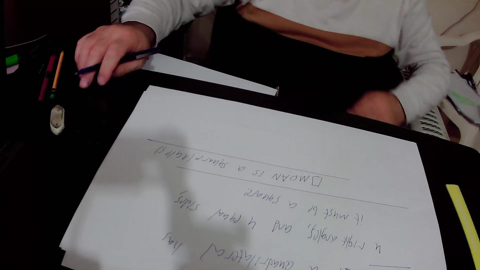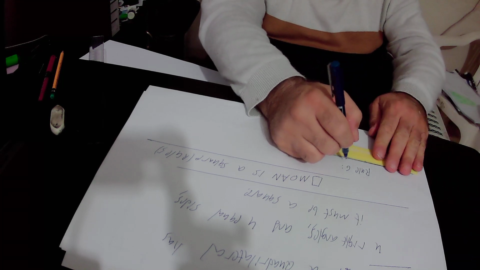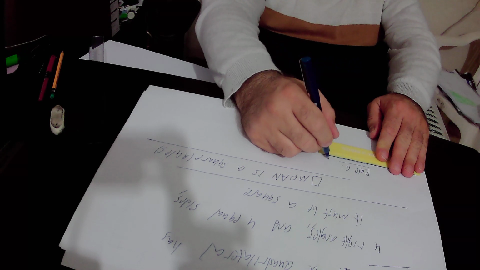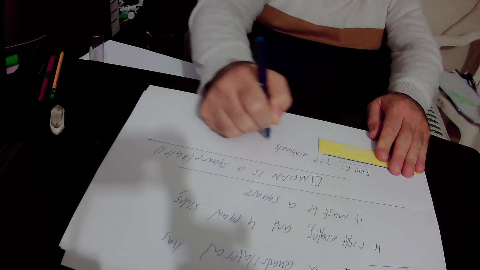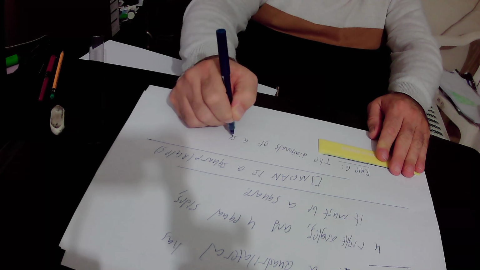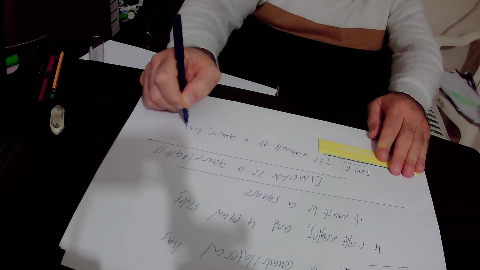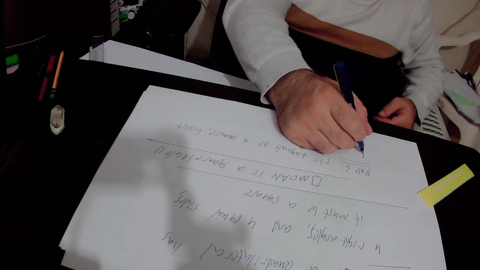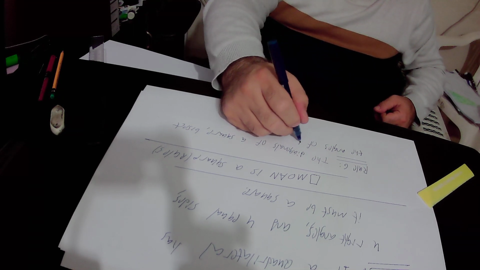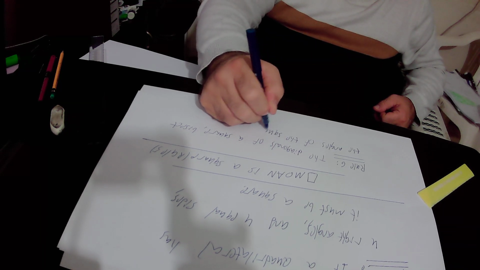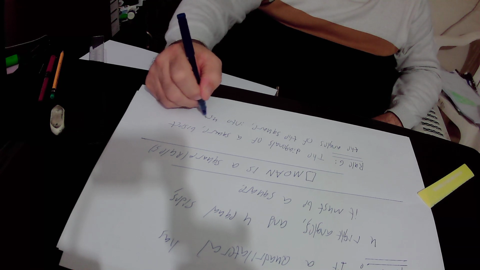And we also have rule number 6. According to rule number 6, the diagonals of a square bisect the angles of the square into 45 degrees angles.